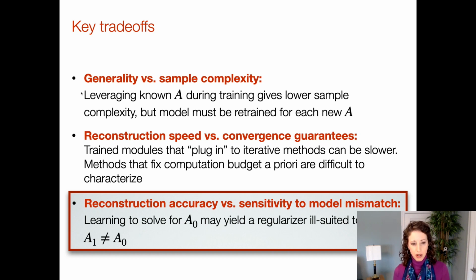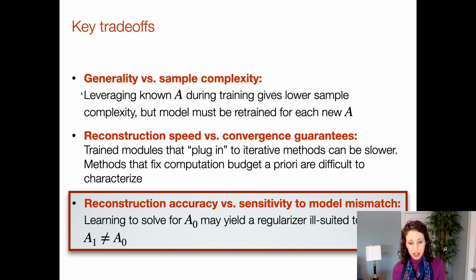Another key trade-off that I've hinted at is between reconstruction speed and convergence guarantees. So trained models that plug into iterative methods can be slower. So for instance, if I were to train a generative model and then try to find the optimal input to that generative model, one of the benefits is that I can actually run that all the way to convergence.